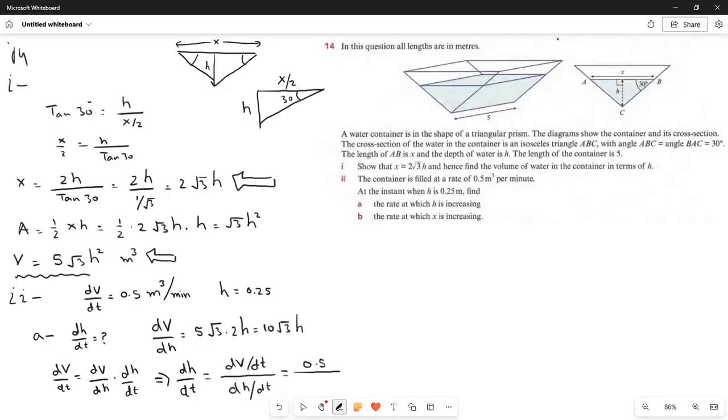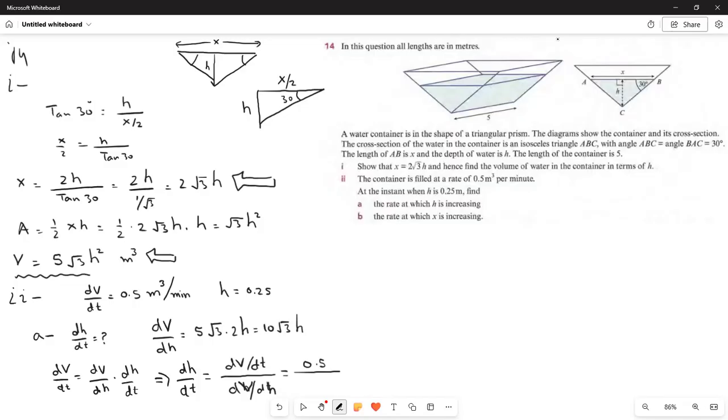Sorry, dh by dt is equal to dV by dt divided by dV by dh. My mistake.